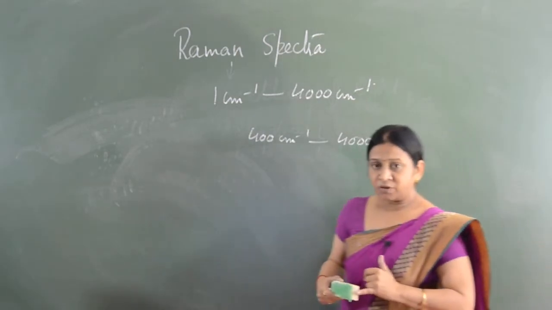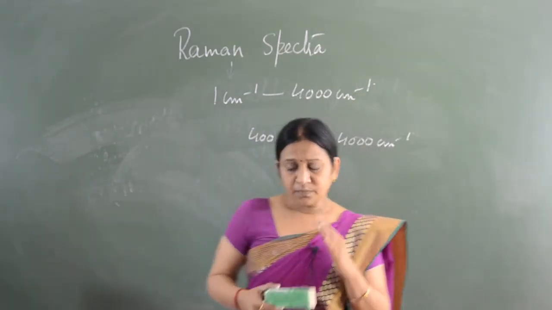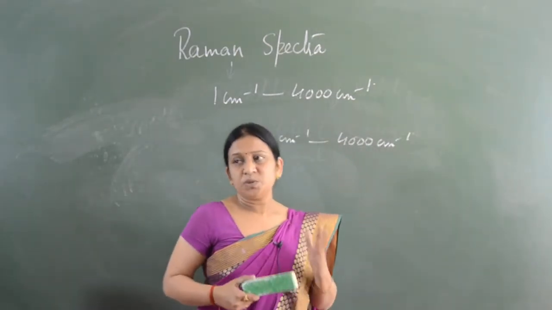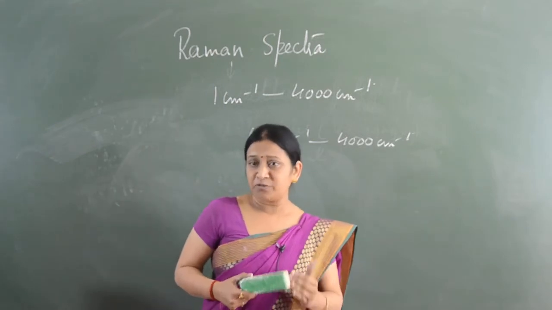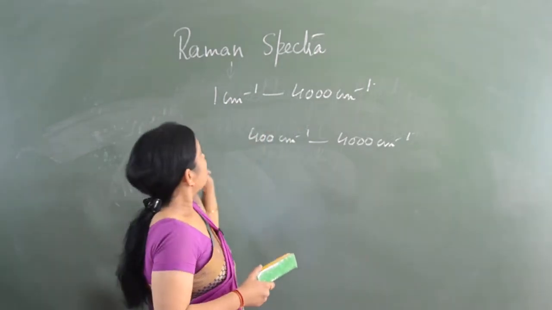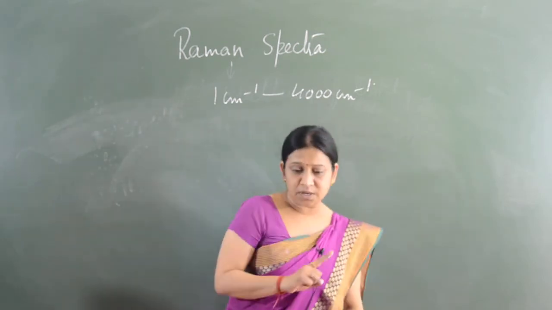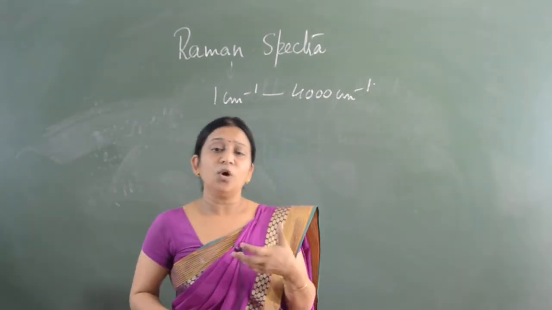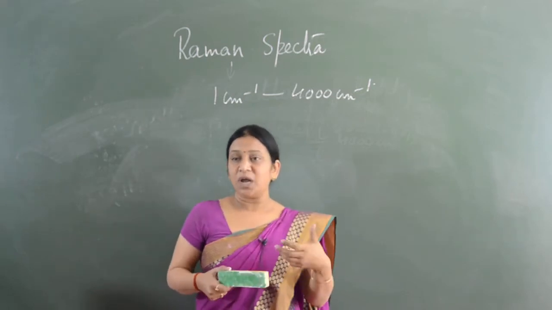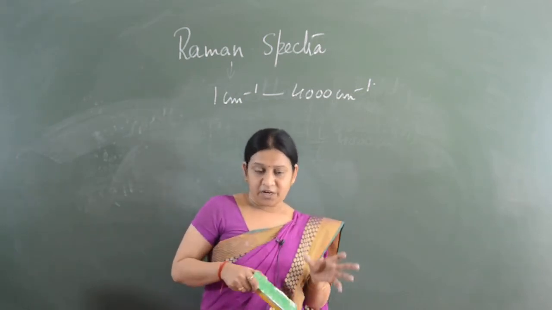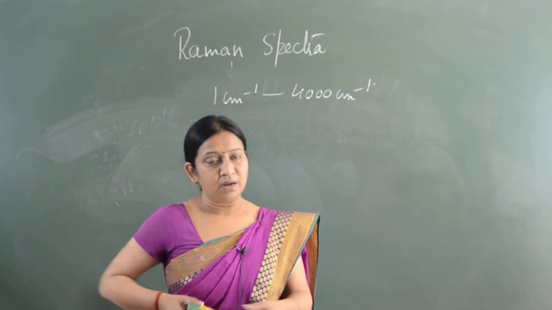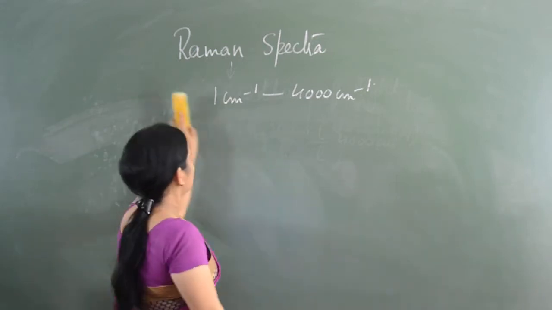So, the radiation we use in Raman spectra belongs to the UV range. The range of Raman spectra is 1 centimeter inverse to 4000 centimeter inverse, where the whole of the IR spectra lies within the Raman range. So, we say that Raman and IR are complementary to each other.